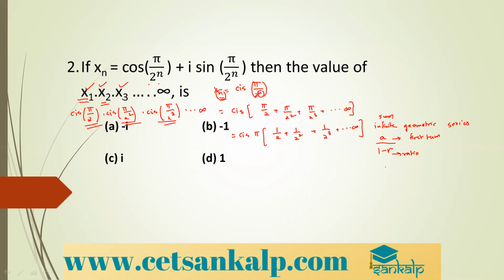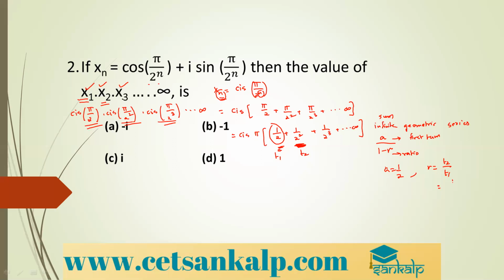So here, the first term in this geometric series, a, is 1 by 2. And the ratio, you will take consecutive terms. Consecutive terms means you will take the second term by the first term, which will give you the ratio.